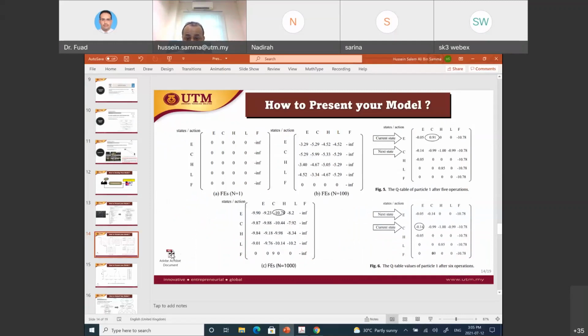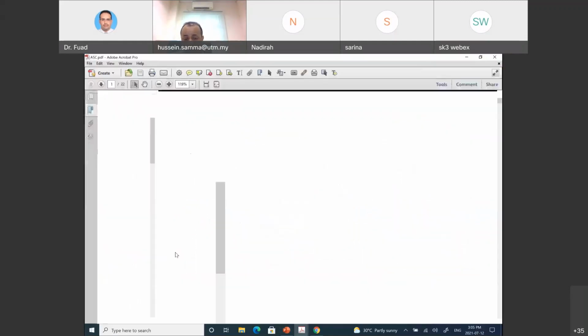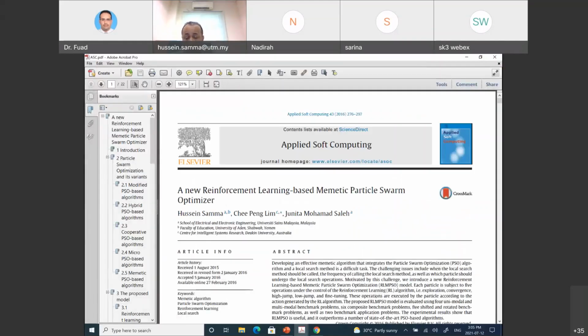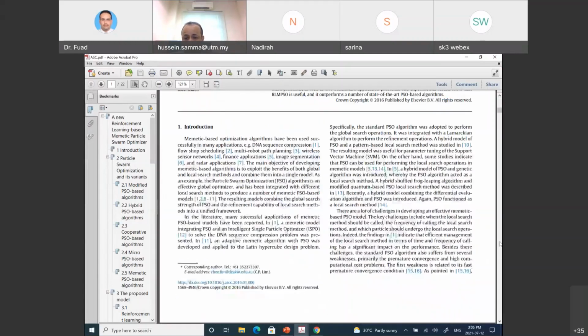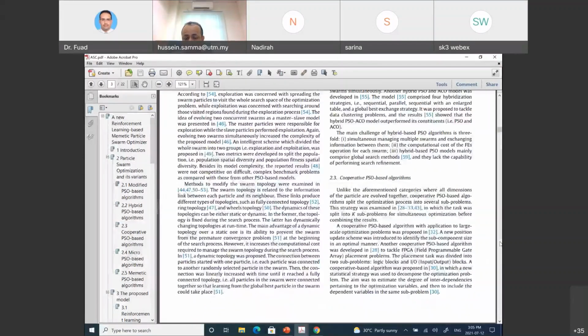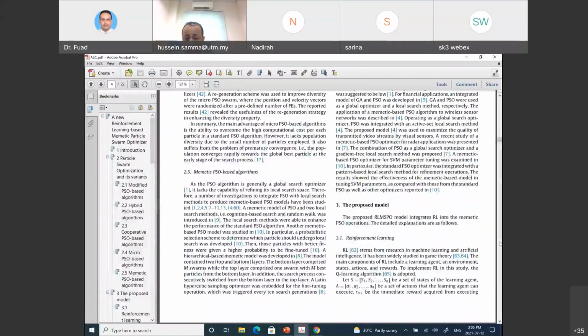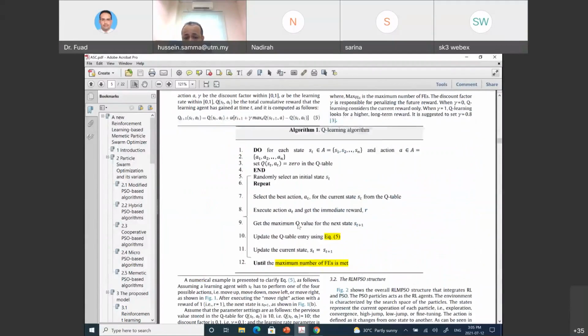If you look at the methodology part of this paper, this is my paper, I just want to highlight for you that figures and flow charts are not enough. You have to give more details about your work. Looking at the proposed approach, the details span around 5 pages.